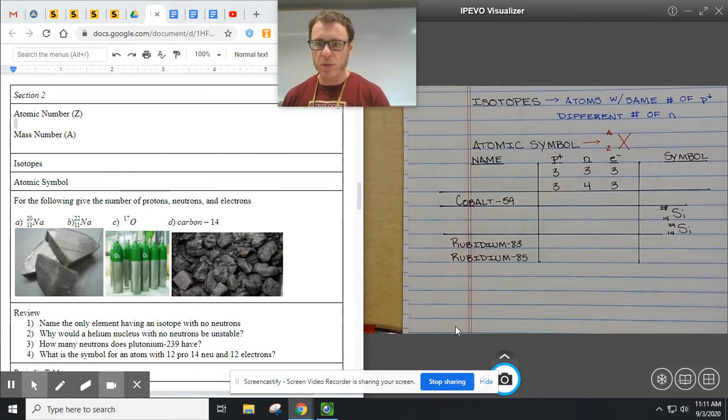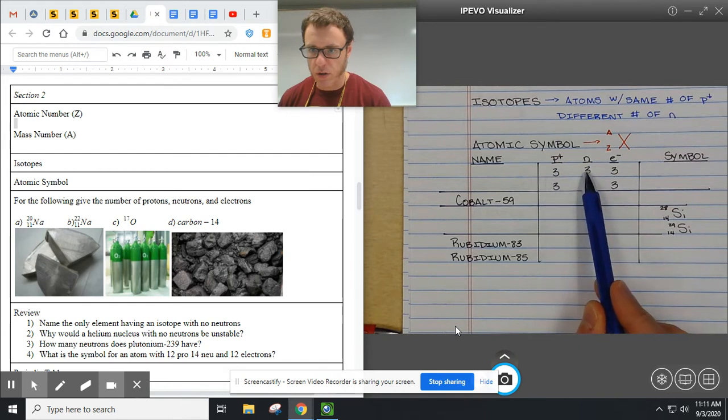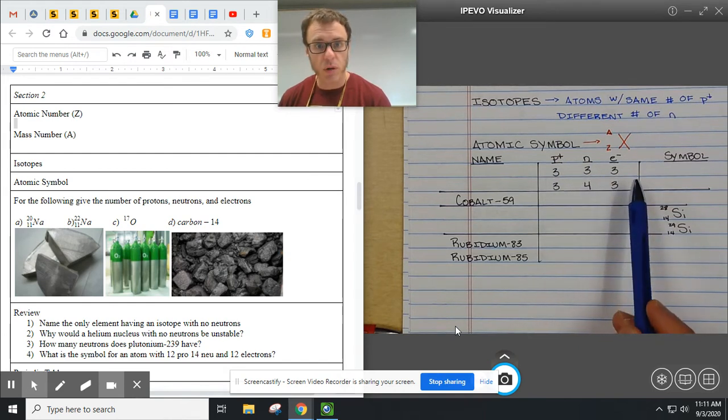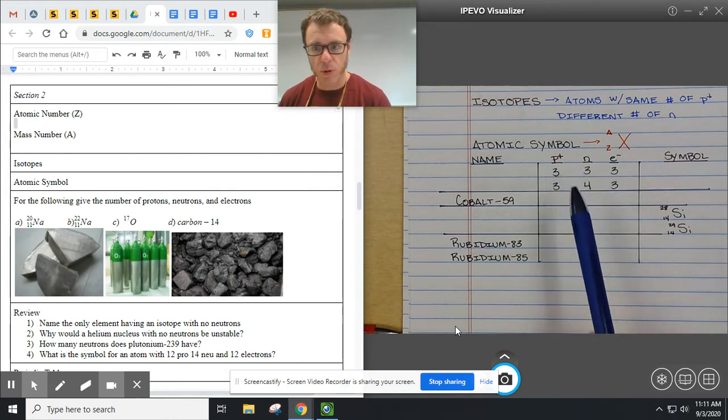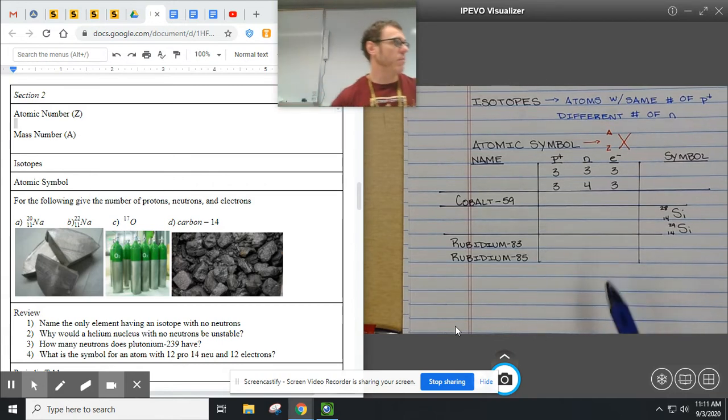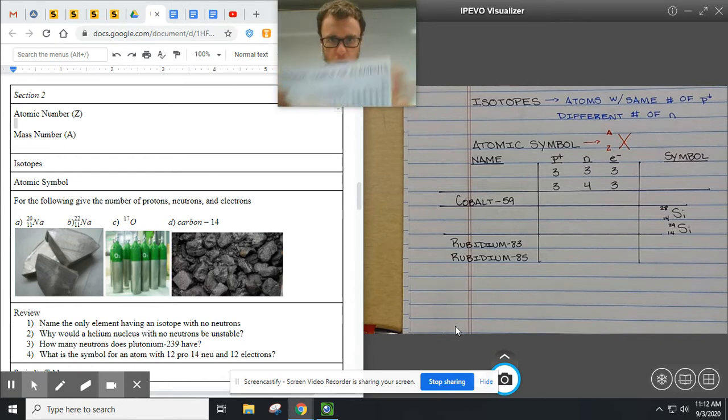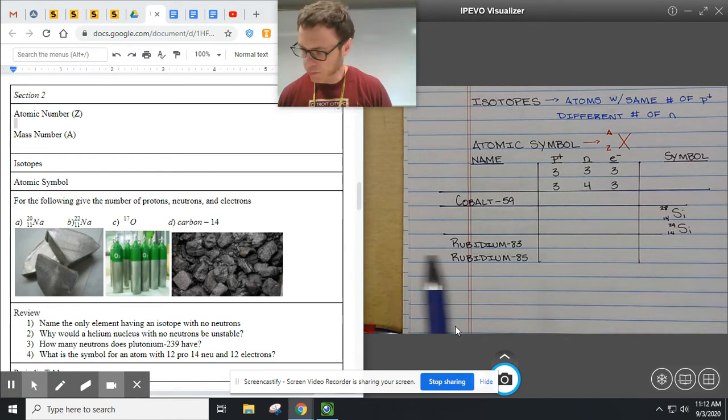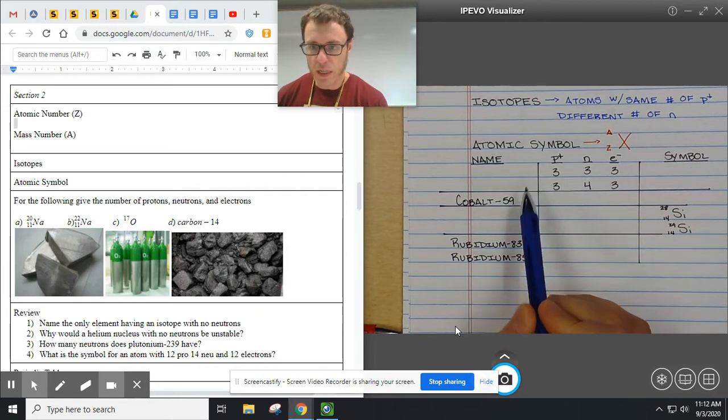Right now, I have this many protons, neutrons, and electrons. One important thing is the number of electrons and the number of protons are going to be the same. I'm going to need my trusty periodic table, which you all have here, in order to do this. Here we get our name.